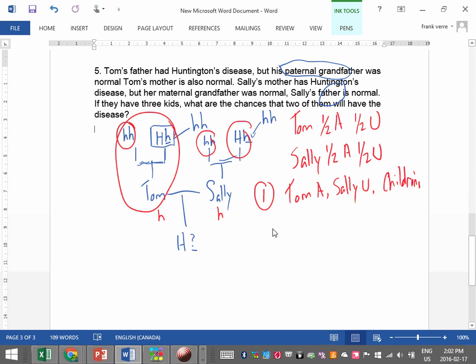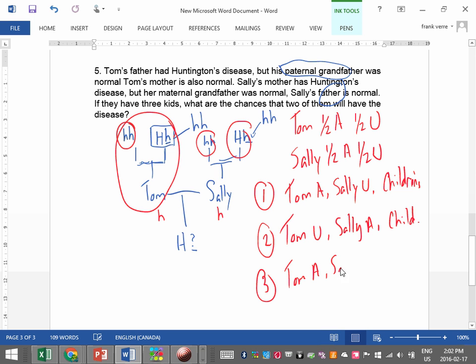That's one scenario. The other scenario is Tom is normal, unaffected, and Sally is affected. And then we'll talk about the children separately. The third scenario is Tom is affected and Sally is affected. Okay? And then we'll talk about the children separately.